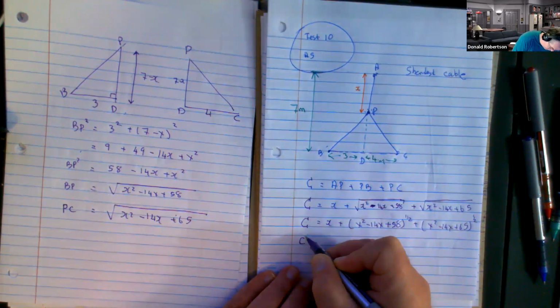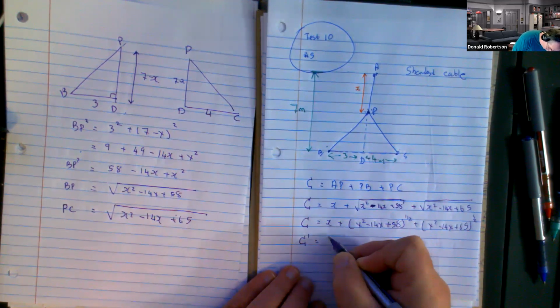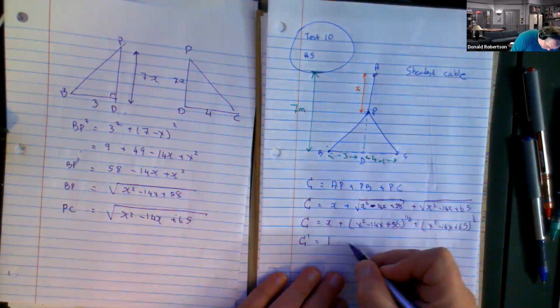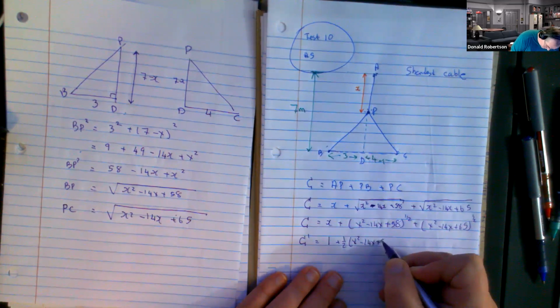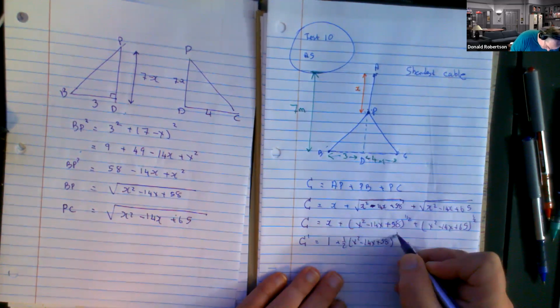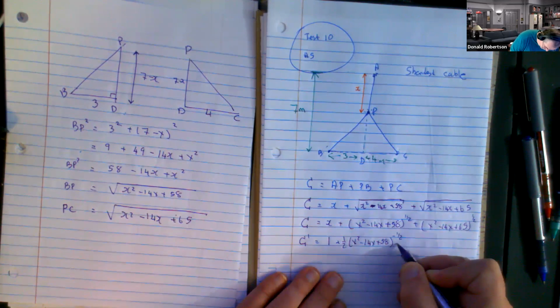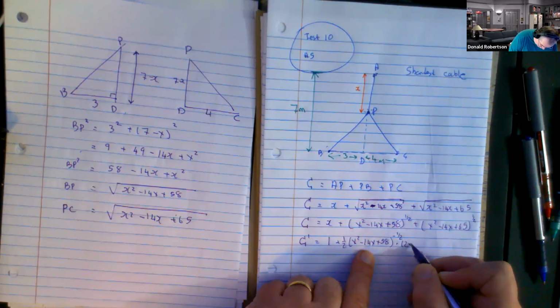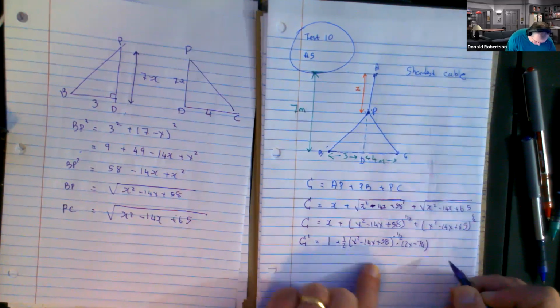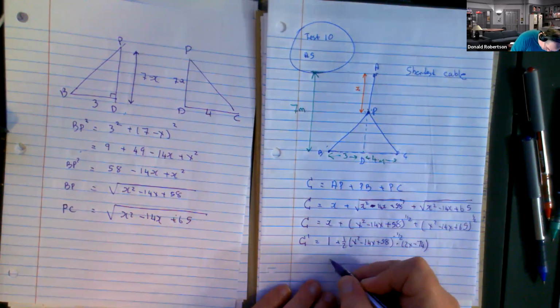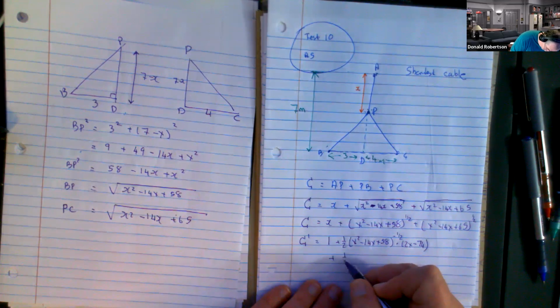So here we go. Its derivative is 1. Multiply by the power and reduce it by 1, times the derivative of the inside function, which is 2x take away 14. Plus, same thing with this one, 1/2.